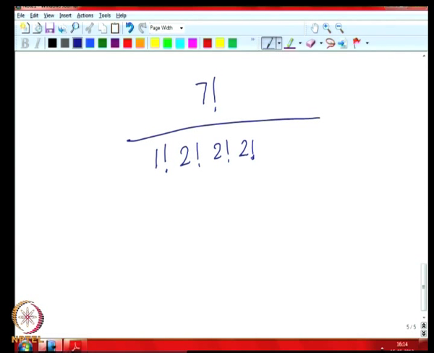This is the total number of possible ways to visit the factories such that factory A is always visited on consecutive days. Now, this is not what we want. What we want is the other thing, namely that factory A is never visited on consecutive days.